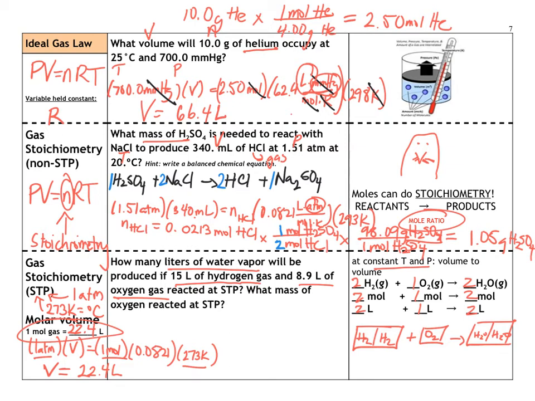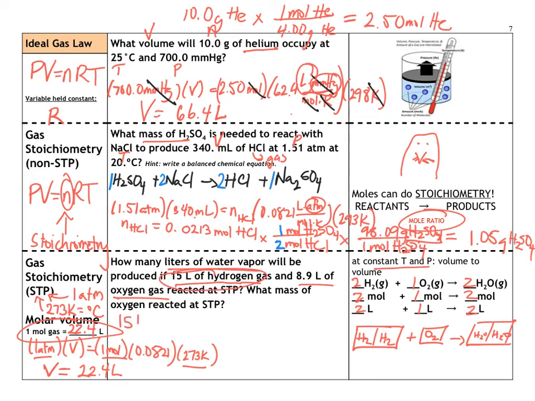So if you recall how we determine limiting reactants, we take your given and divide it by the coefficient in the balanced equation. So 15 divided by 2 gives you 7.5. 8.9 divided by 1 gives you 8.9. So the lower amount is in fact the 15 liters of hydrogen gas. So hydrogen gas is our limiting reactant.